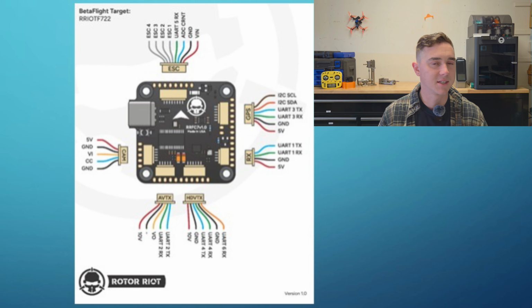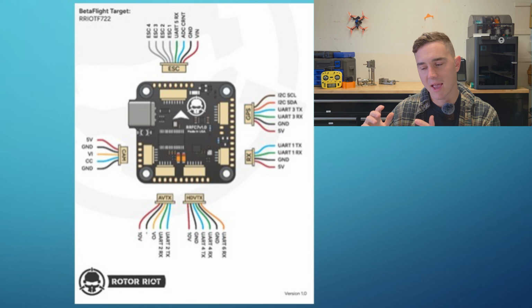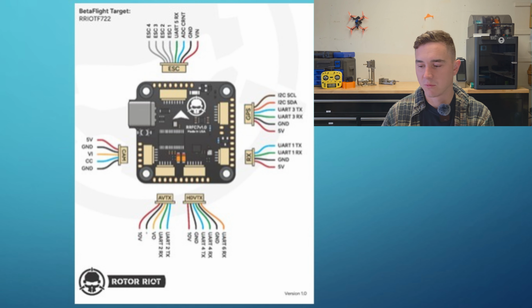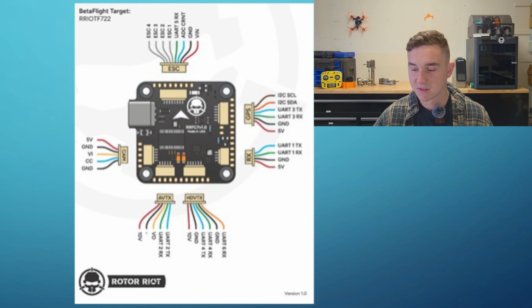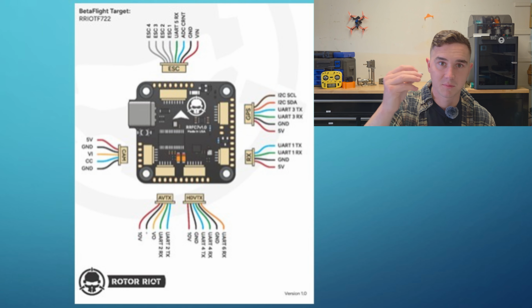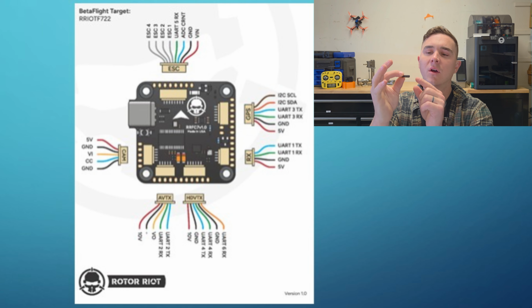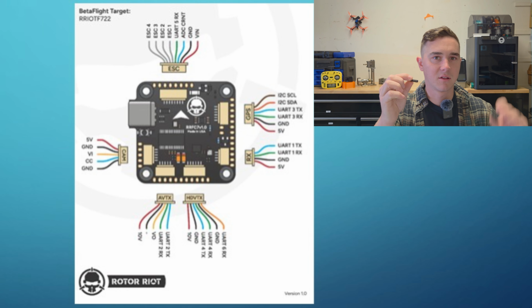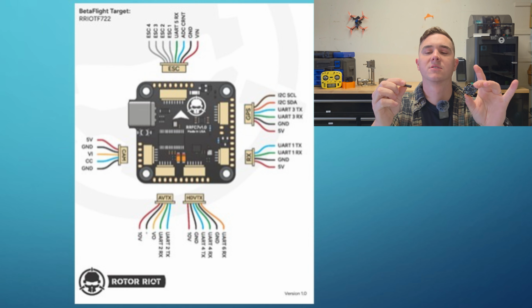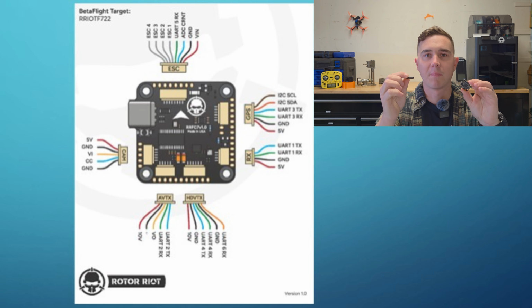With flight controllers, it gets a little weird. Let's say it's a radio receiver. On the radio receiver, I'm going to have TX and RX. On the flight controller, I'm going to have TX and RX. I need to swap them.